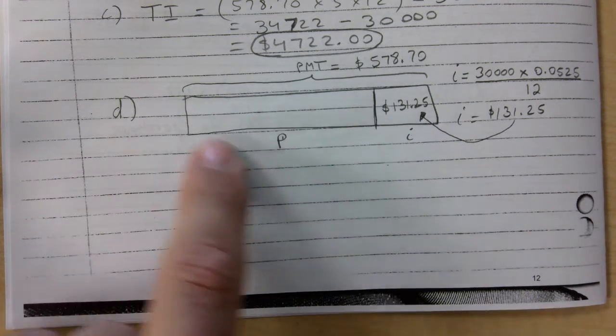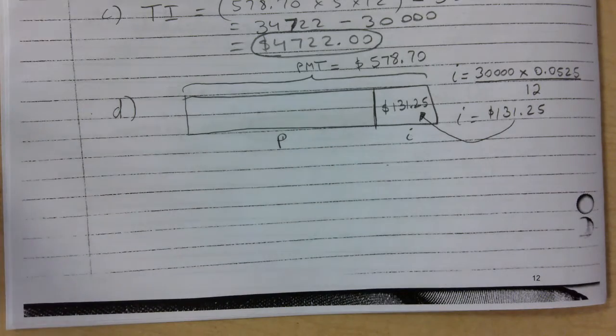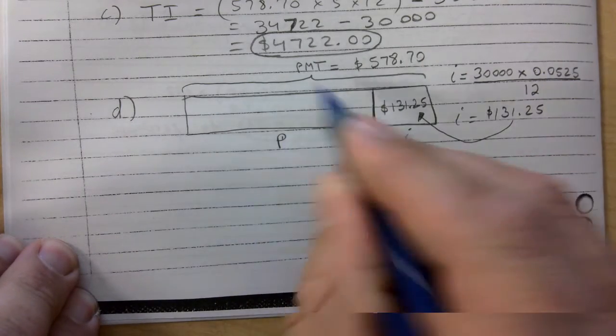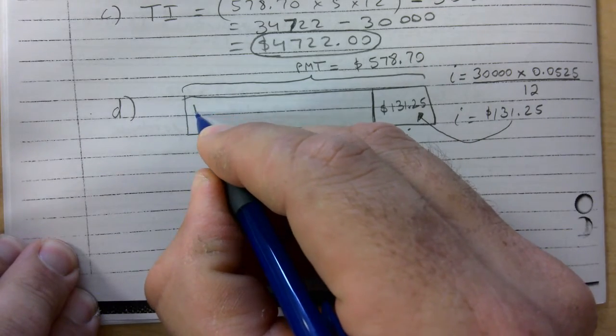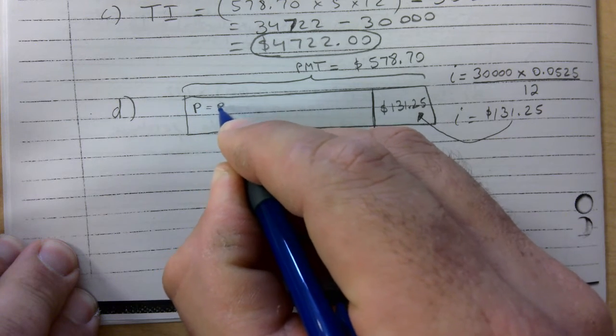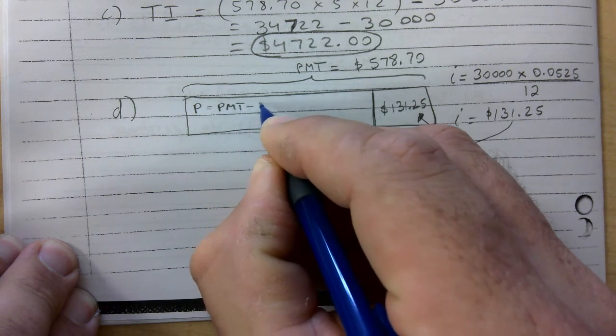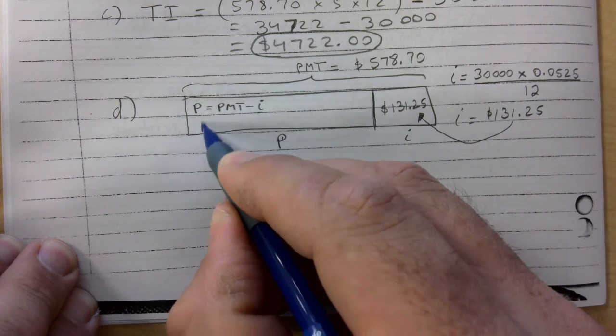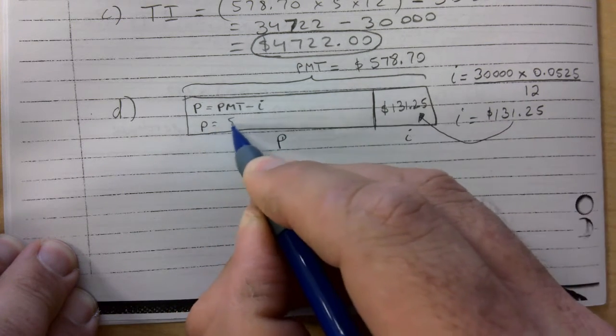And the remaining amount actually goes towards paying off your loan. That's what's happening in the background. So how do we get this? To get the principal portion, we just go payment minus lowercase i. So you take your payment, 578.